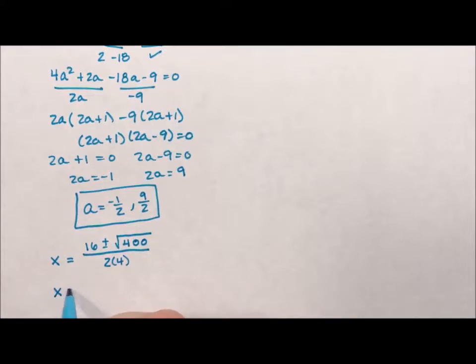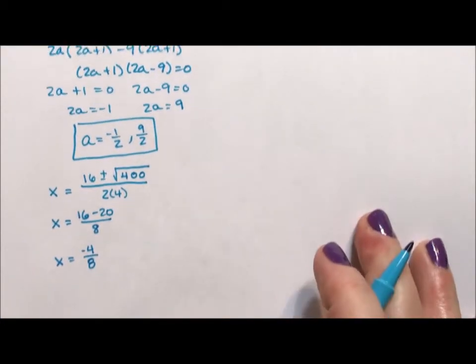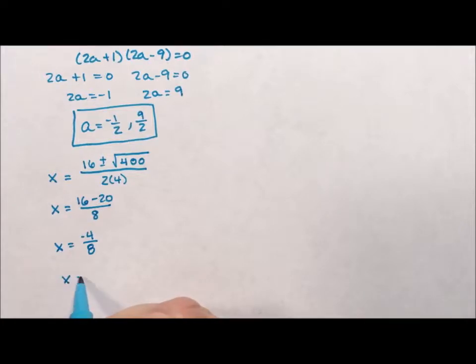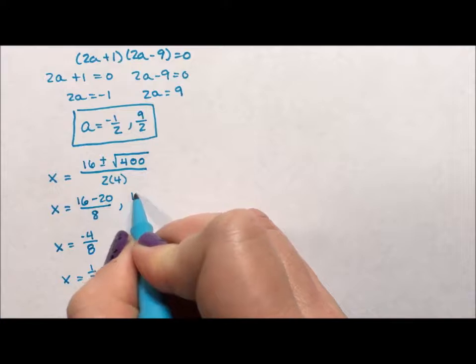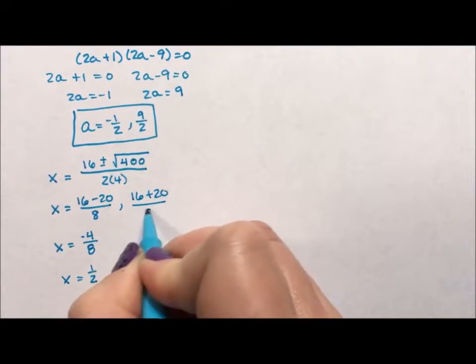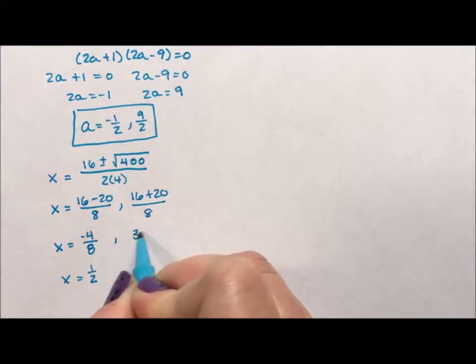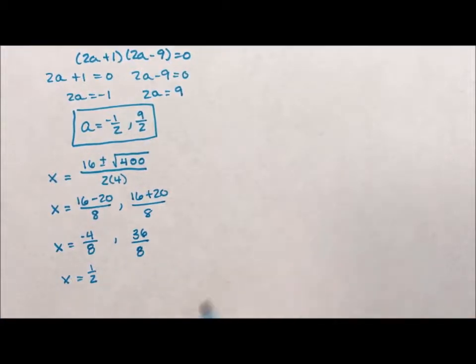So x is equal to 16 minus 20 over 8, which is a negative 4 over 8, which is a negative 1/2. Or 16 plus 20 over 8, which is 36 over 8. And if we take a 4 out of top and bottom, we have 9/2.